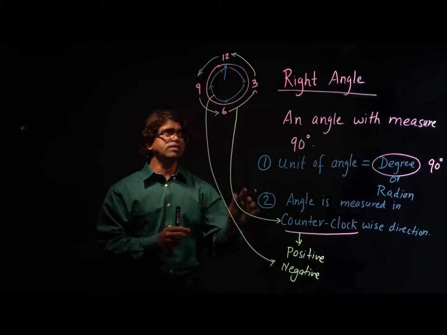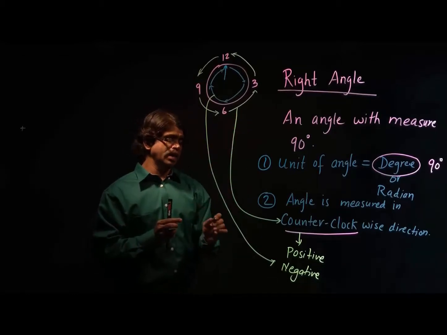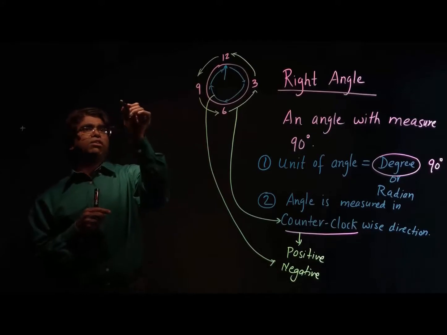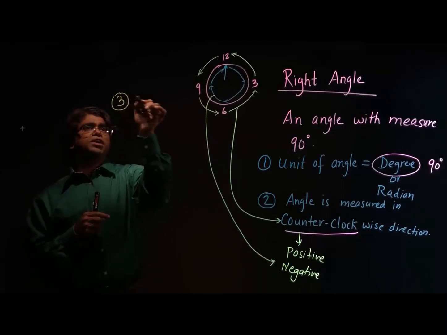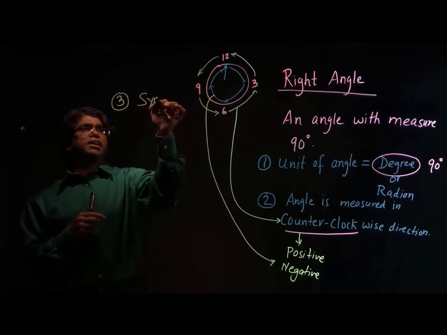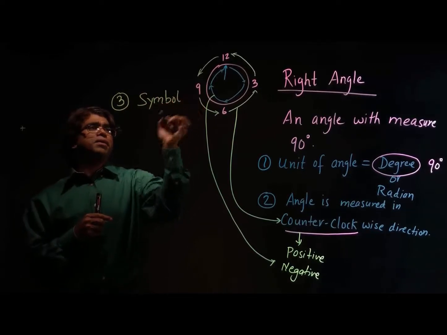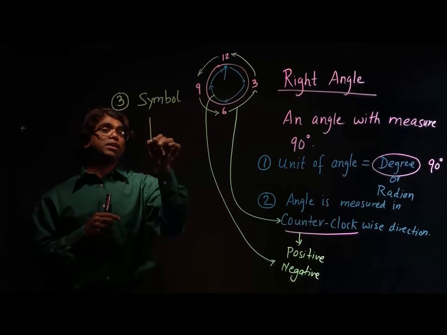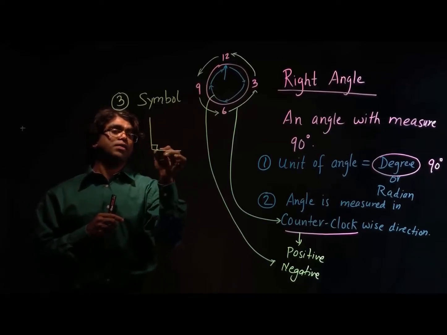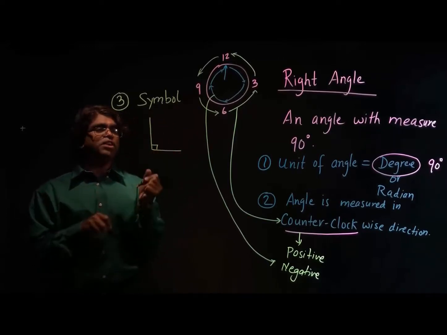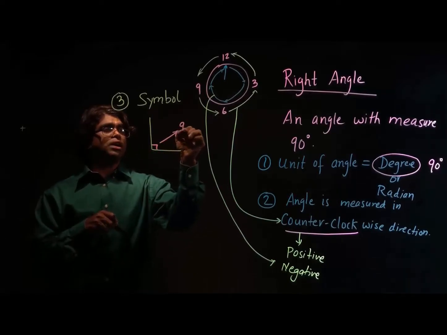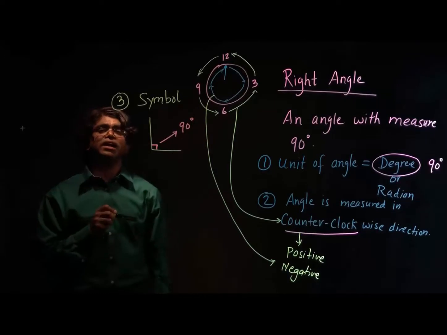Now the third thing we need to remember for the right angle is the symbol. The right angle is this symbol. And whenever you see this symbol, it's given that the angle is 90 degrees.